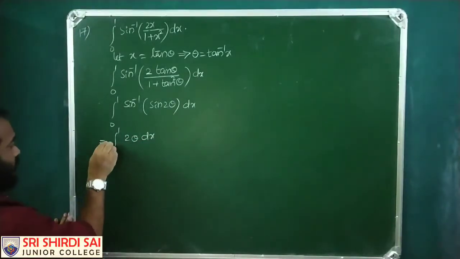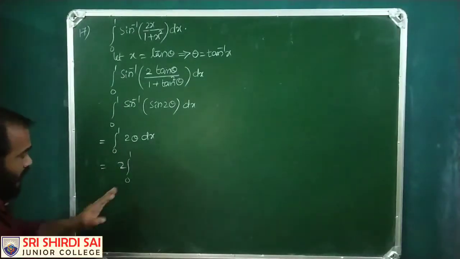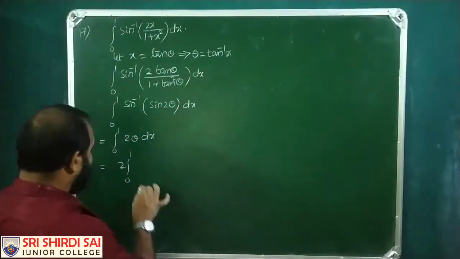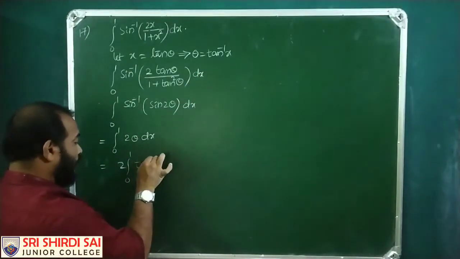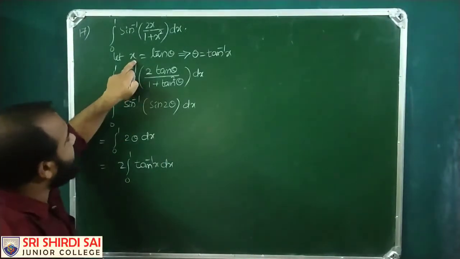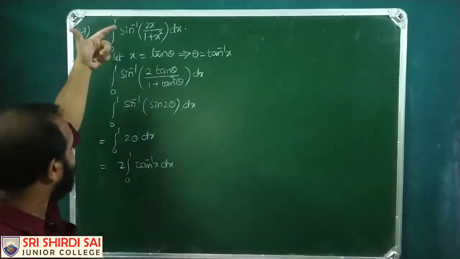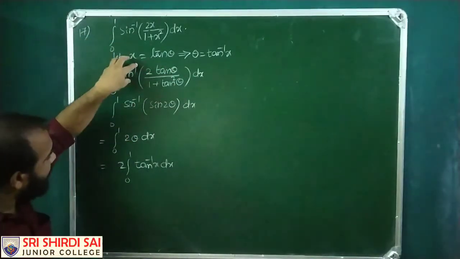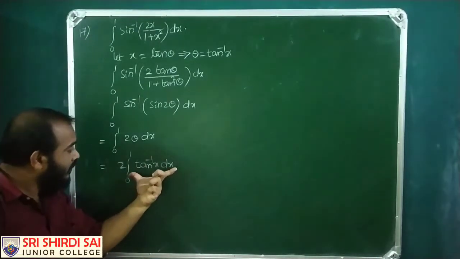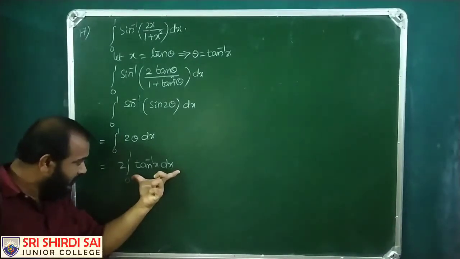This is equal to 0 to 1, 2 I am separating from the process of integration, so theta is tan inverse x dx. You may ask me a question: sir, if x is substituted in terms of theta, why didn't you change the limits? Because my intention is to leave the given function in terms of the given variable of integration itself.